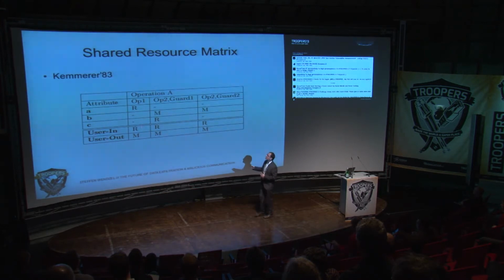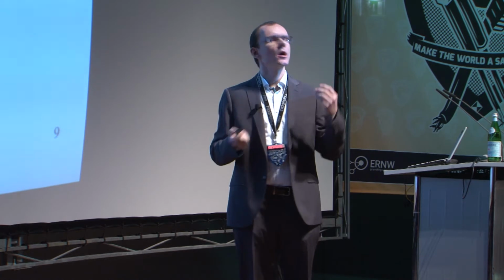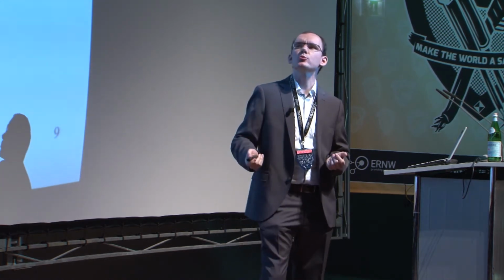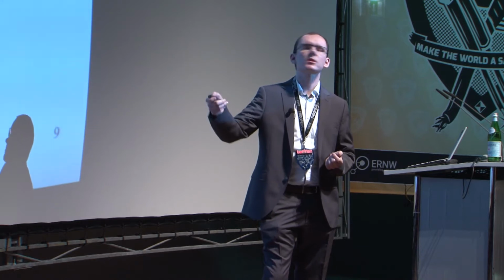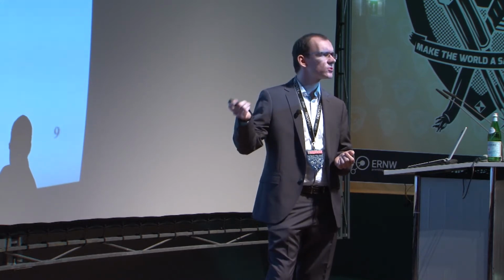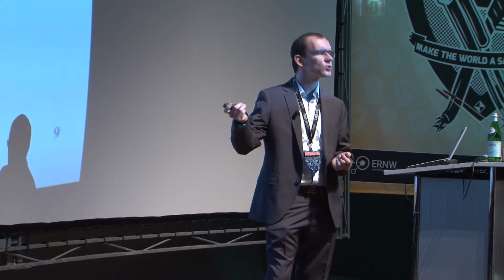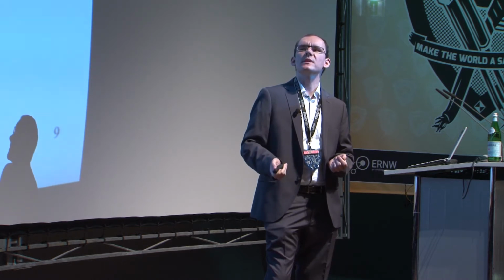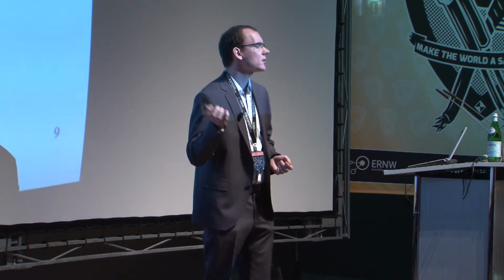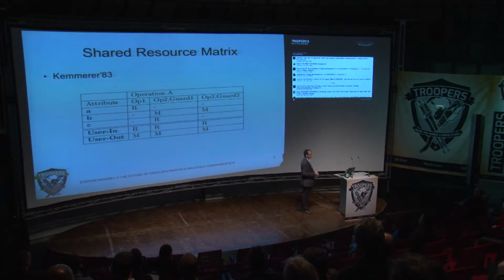So in this table you can try to find a possible way to communicate using the operations for a covert channel using the shared attributes. Actually, this is not the original shared resource matrix methodology. It's an extended version from McHugh, developed in '95, but based on the original version.